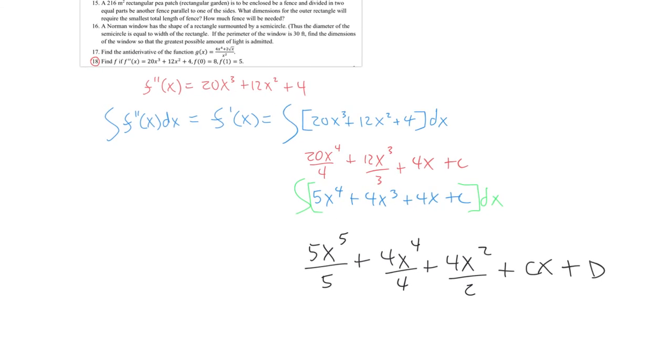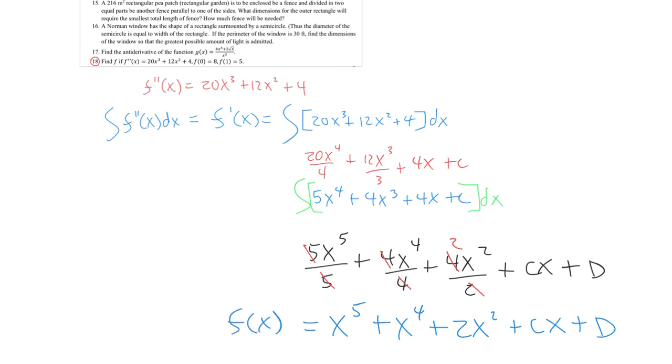Now that, of course, could simplify where all those cancellations would take place. We would then have x to the fifth plus x to the fourth plus 2x squared plus cx plus a constant d, and that would be f of x.